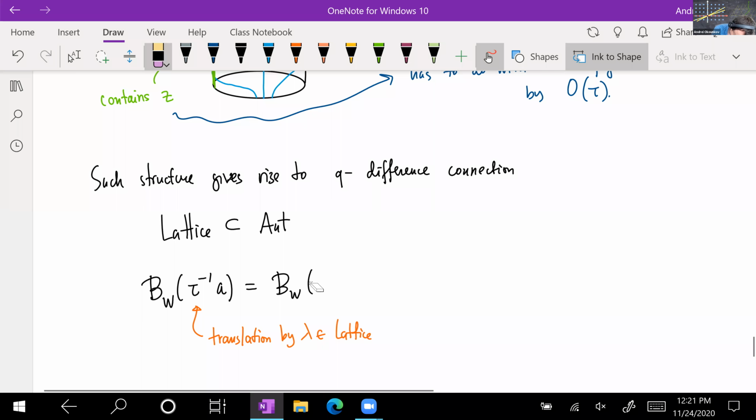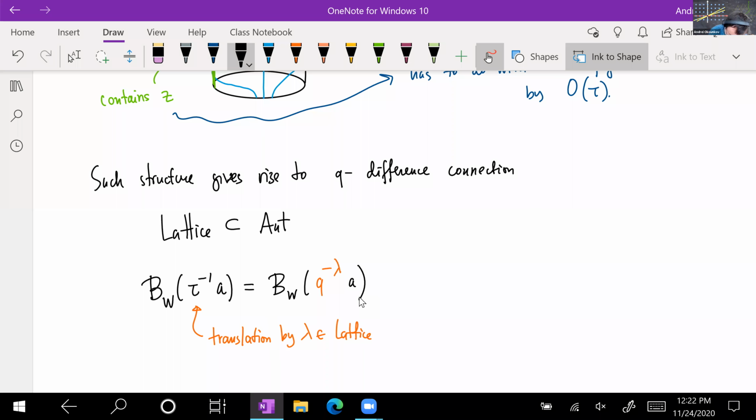It just means you translate by Q to the minus lambda times A, because the difference translation by one means Q, right?